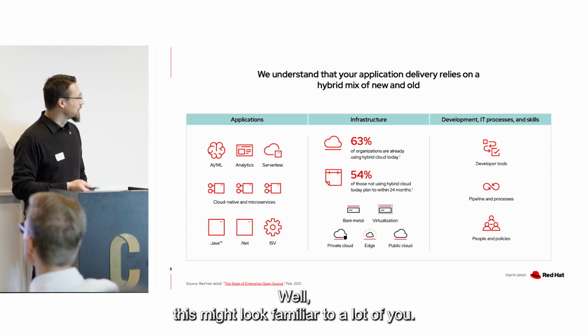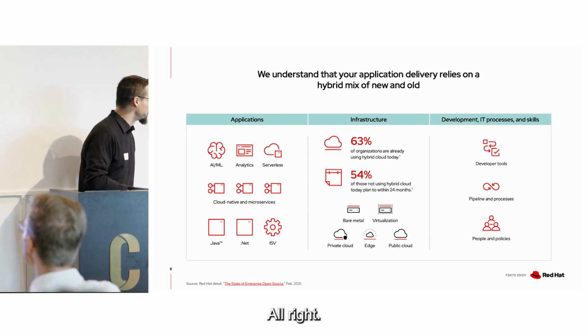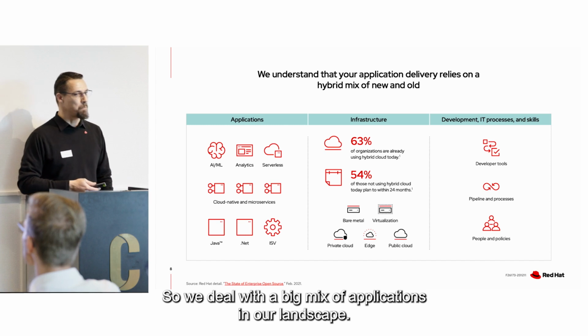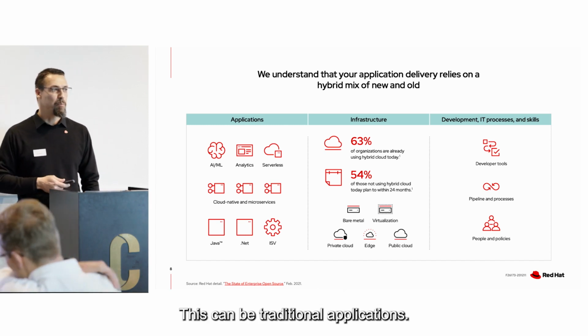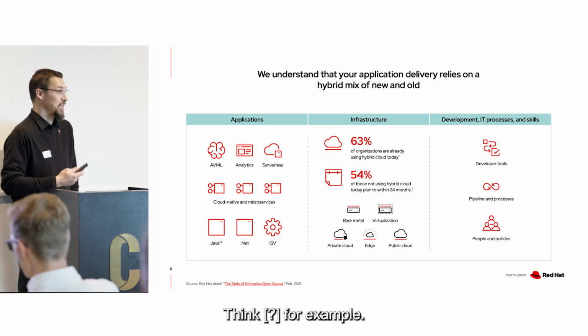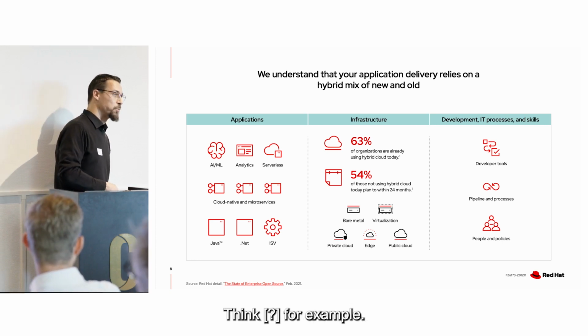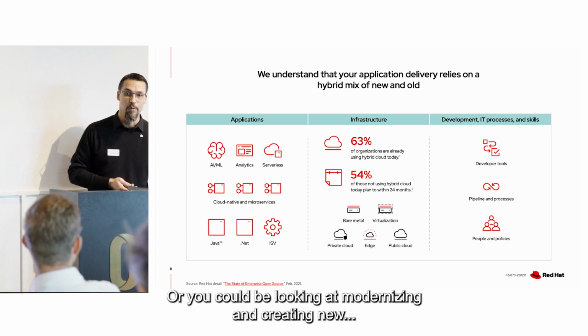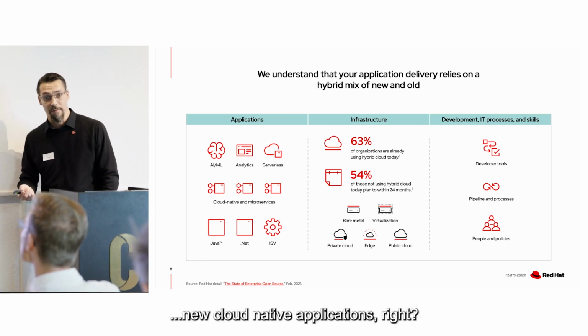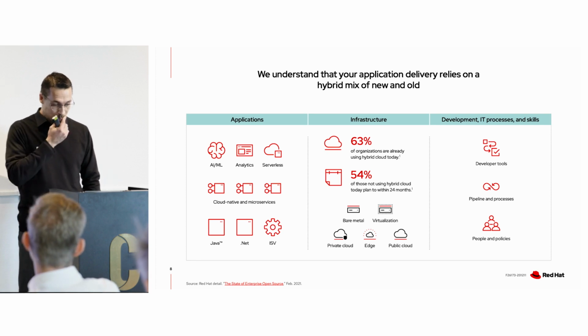Now, this might look familiar to a lot of you, right? So we deal with a big mix of applications in our landscape. This can be traditional applications, think J2EE, for example, or you could be looking at modernizing and creating new cloud-native applications, right?